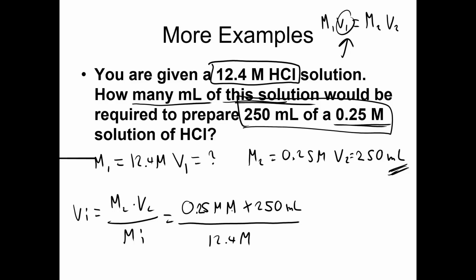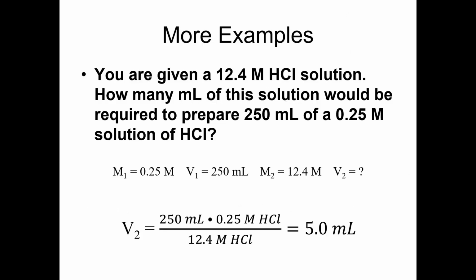See what happens to the units here. It's the molarity that cancels, and milliliter comes out in the end. So we have 5.0 milliliters of stock solution required. So that's the answer to our question here. Okay, there is the answer.